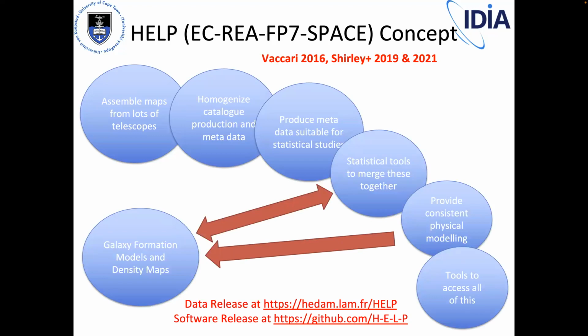So basically, we got hold of maps from large areas of the sky from different telescopes. We homogenized the way we extract these sources and produce catalogs for all the different images. We created metadata that were homogeneous across the different catalogs, and we created some statistical tools to merge these catalogs together.